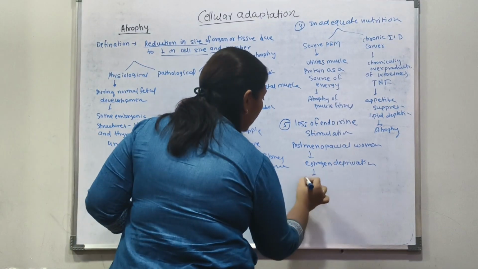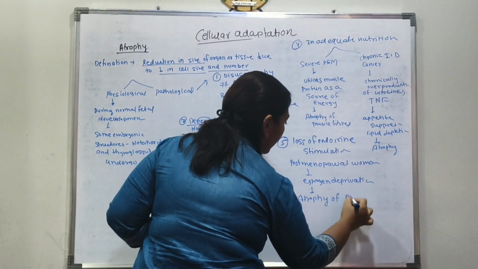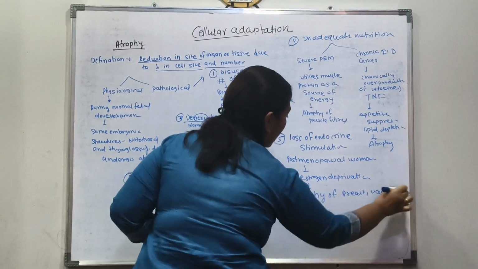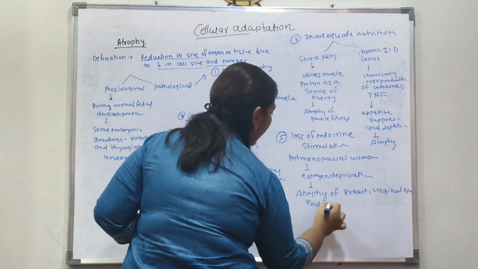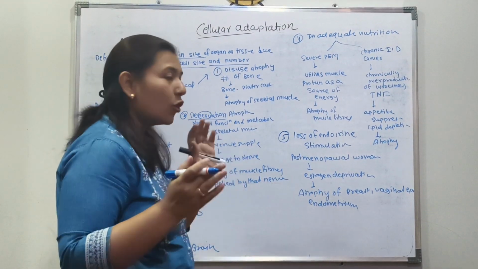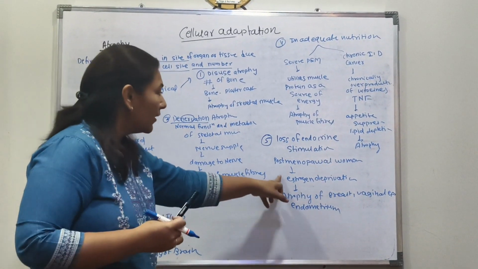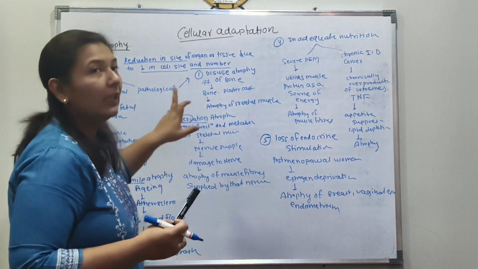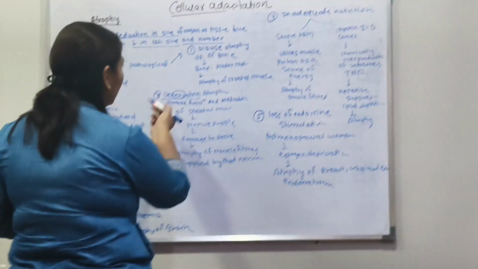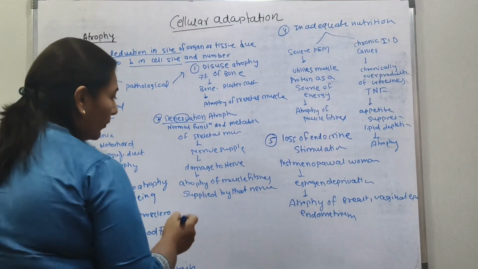That leads to atrophy of the breast, vaginal epithelium and endometrium. In the postmenopausal woman, this is a physiological condition, but this point is described under pathological atrophy in Robbins. I don't know why it is mentioned there. Normally, it comes under physiological atrophy.